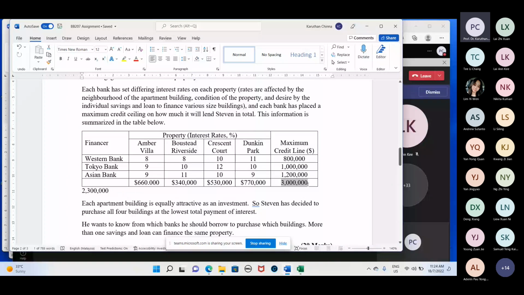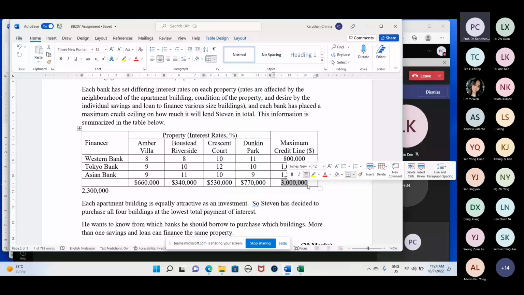That means everything can be bought using credit, isn't it? So 700,000 will still be inside the pocket, or you don't have to take a loan for it, right? Maximum loan taken 2.3, maximum available 3 million. So there are still 700 that you don't have to take. But what's the objective in doing so?